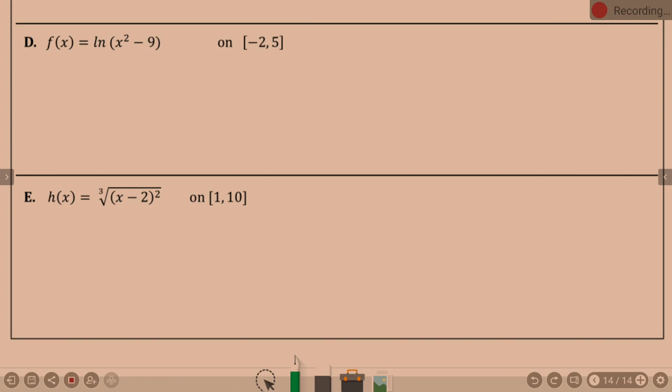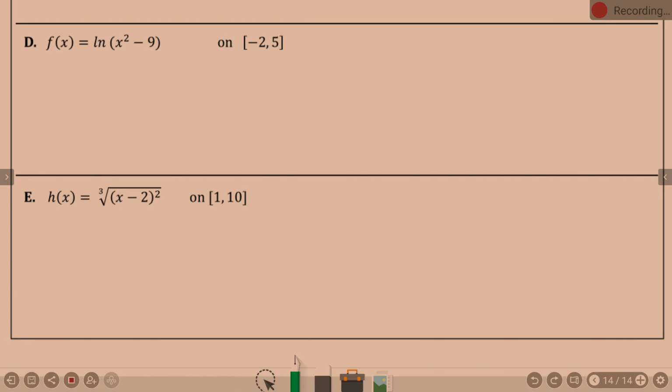It works at 5, but it doesn't work on numbers less than 3. So f of x is not continuous on that interval. And since it's not continuous on the entire interval, EVT does not apply.